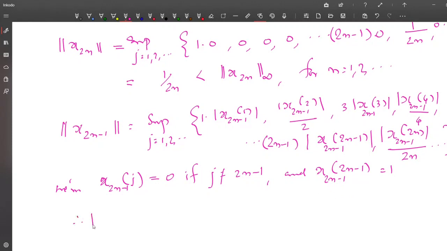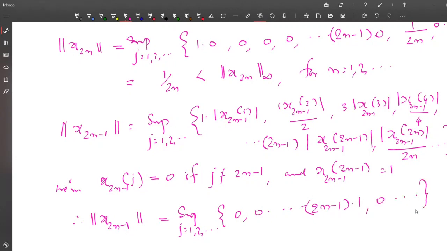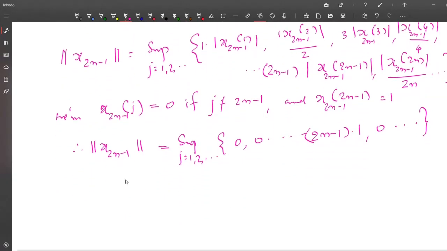Therefore the norm of x_(2n minus 1) is equal to the supremum over j equals 1, 2, etc. of 0, 0, etc., (2n minus 1) into 1, 0, etc. So that is equal to 2n minus 1.